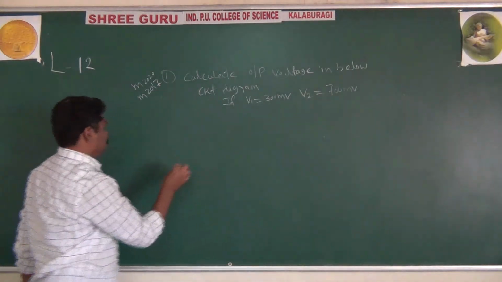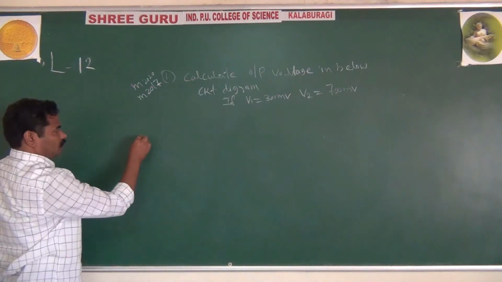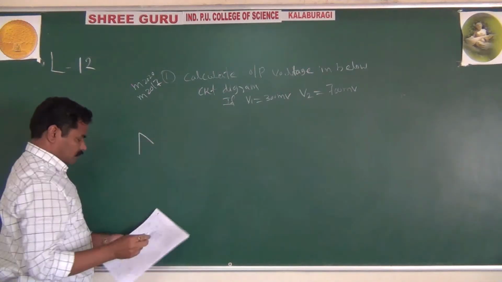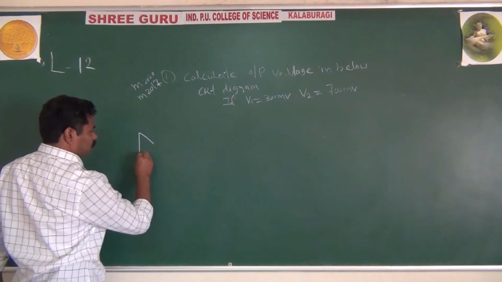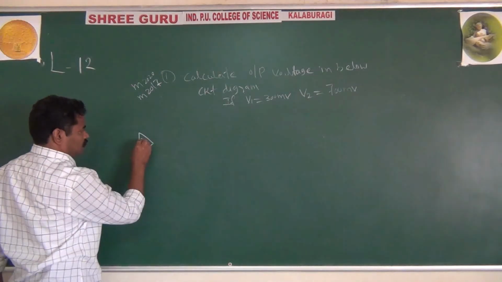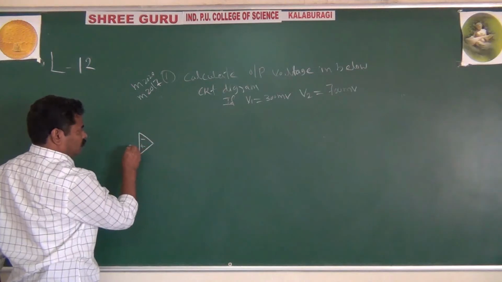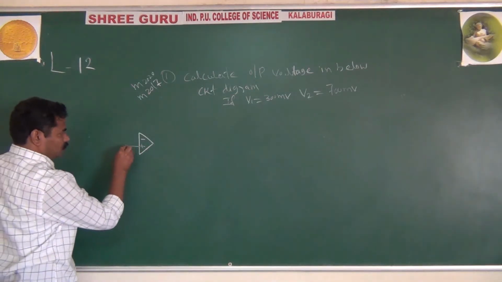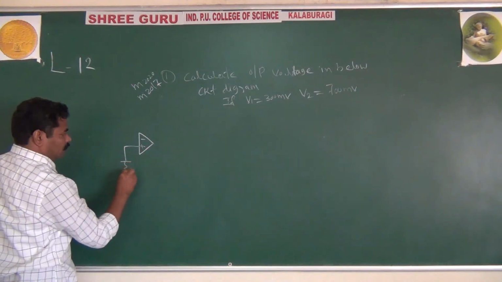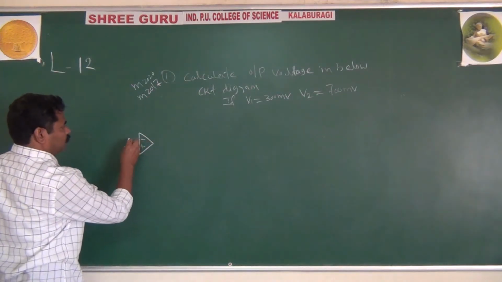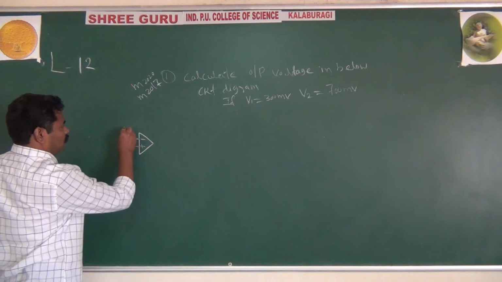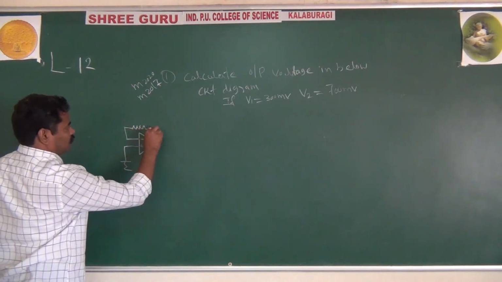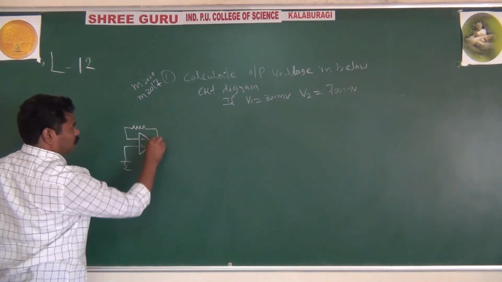You can draw the diagram. It consists of an inverting amplifier. As usual, in the inverting amplifier, make the non-inverting terminal grounded, and you apply a feedback resistance. This is nothing but your output.